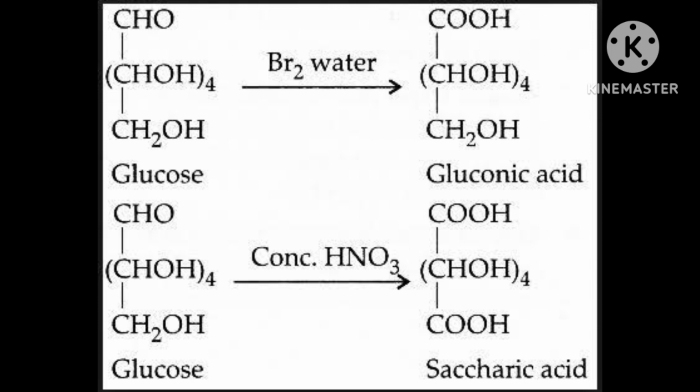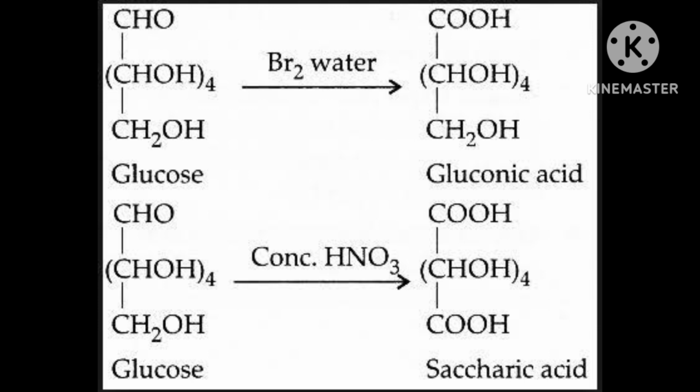Positive sign means dextrorotatory, right direction. And negative sign means laevo, L-A-E-V-O, left direction. But D and L, what do you mean?